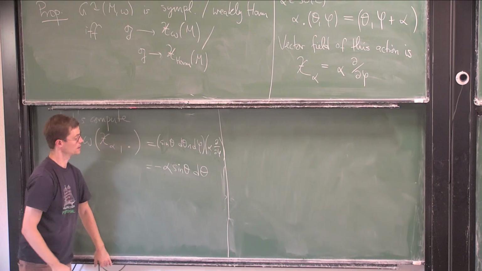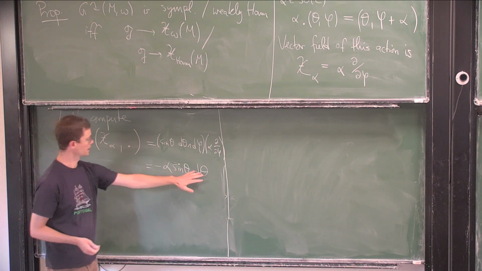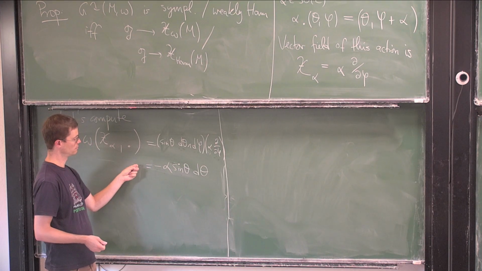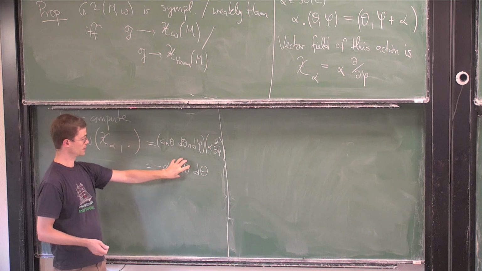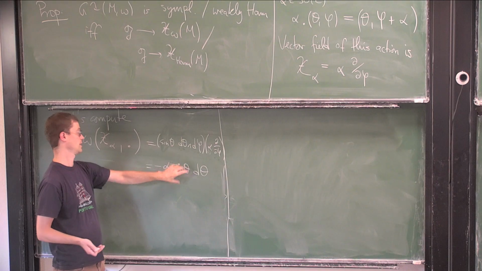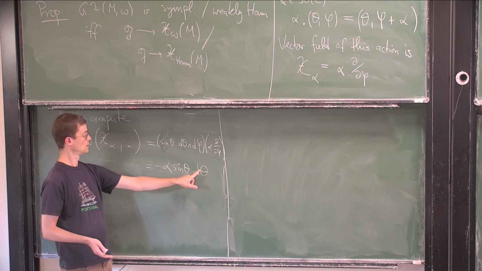And now you should ask: is it closed? Is it exact? Closed would mean if I take the differential of it, alpha is a constant. If I differentiate this with respect to theta, I get something non-trivial, but then I have d theta wedge d theta, which is 0.